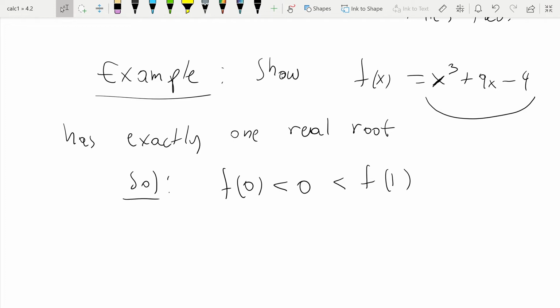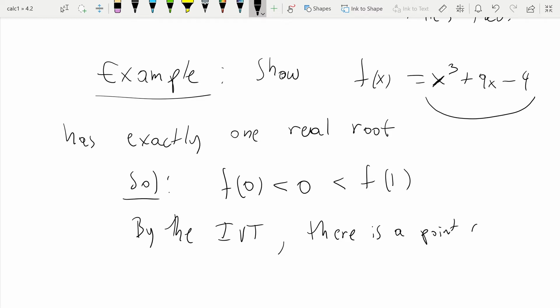And so since 0 is in between f of 0 and f of 1, by the IVT there is a point c, or let's just use x naught, between 0 and 1, such that f of x naught is equal to 0.